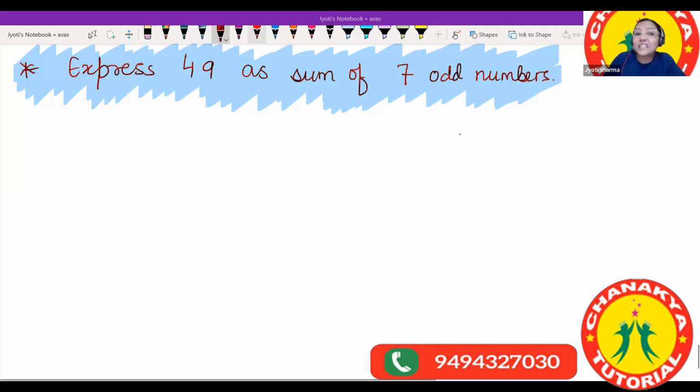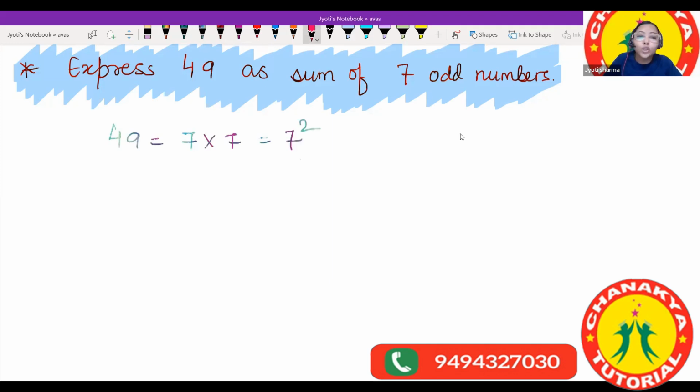Okay, so kids, as we know, if we have a series of odd numbers and you want to find the sum, you just count the numbers and take the square of that number. Now you know that you can write 49 as 7 into 7, which is the square of 7. So what will you do?